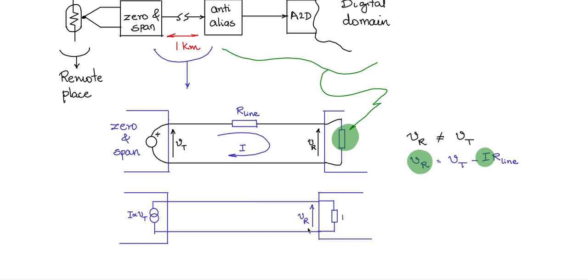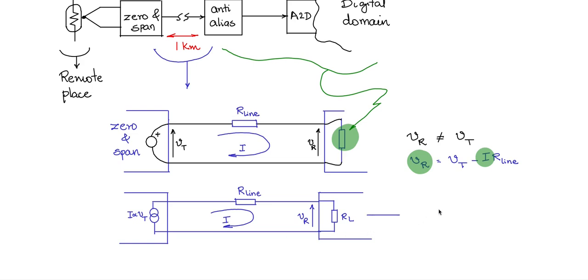Now this is RL, let us say, and I will put the distributed line losses as a lumped line loss R line. And there is a current which is being pumped in, this is I.